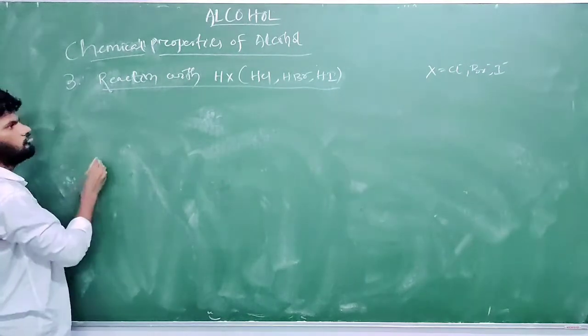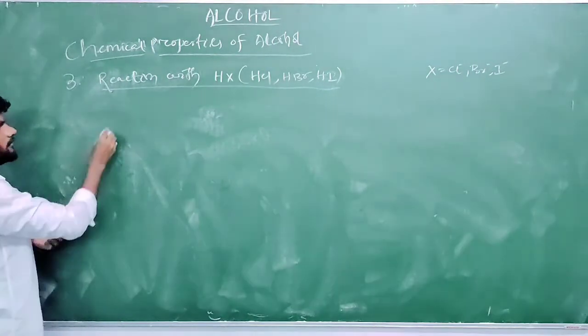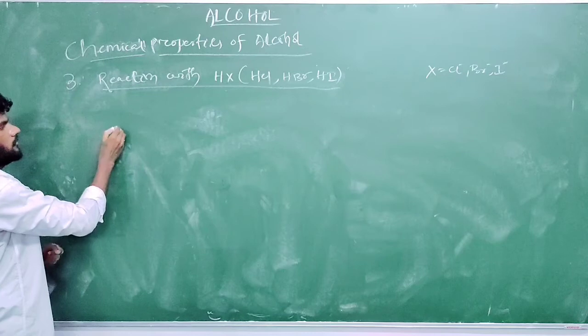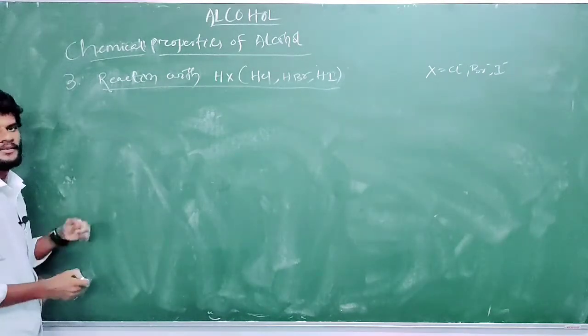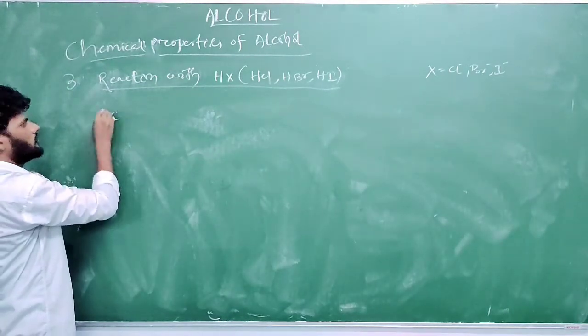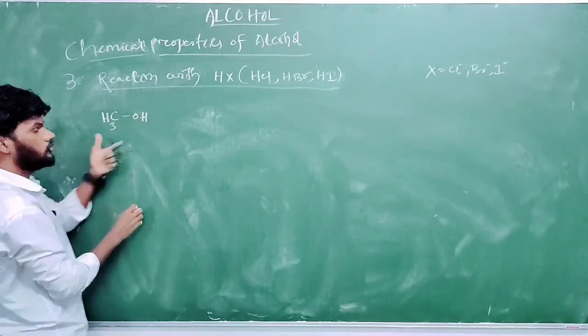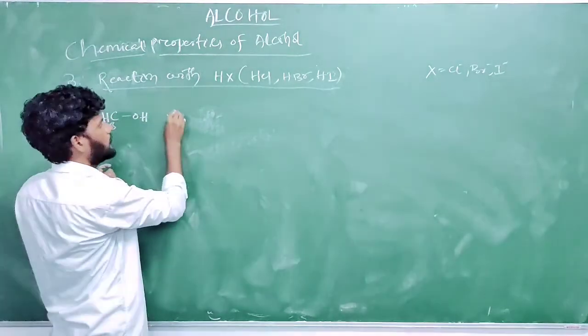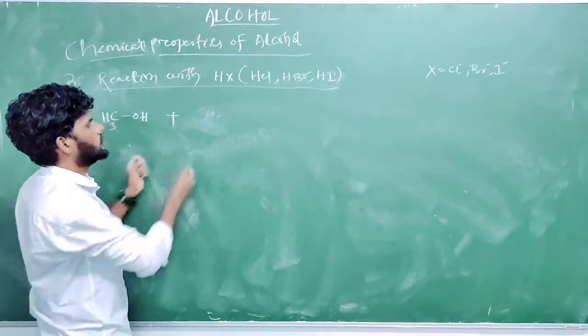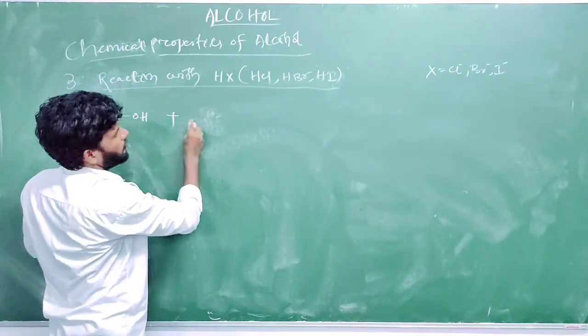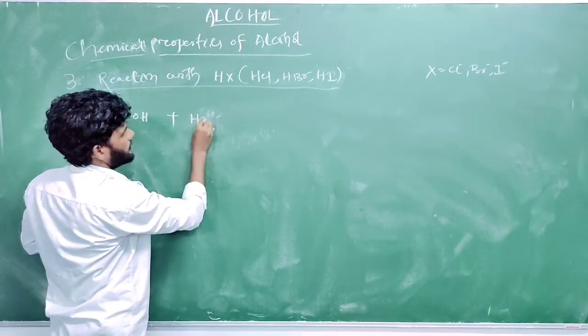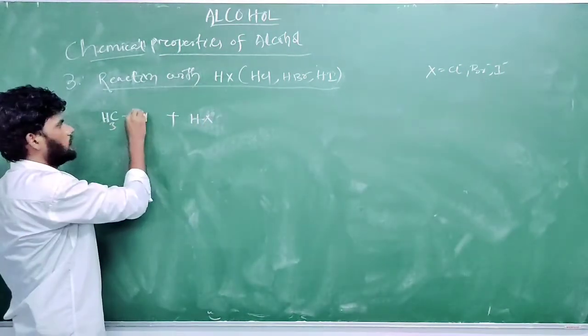So for reaction with HX, we will compare three alcohols: primary, secondary and tertiary. Let us say 1 degree alcohol first, CH3OH, methanol. If you give any halogen acid HX, what will happen?